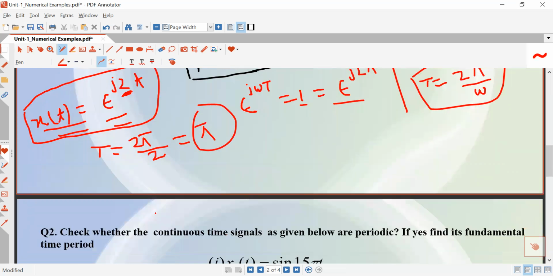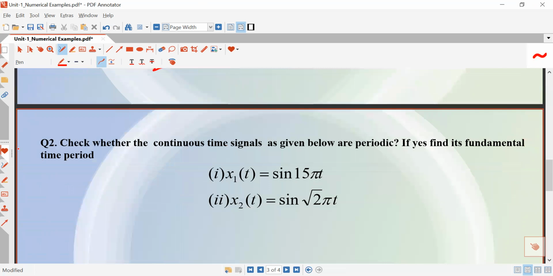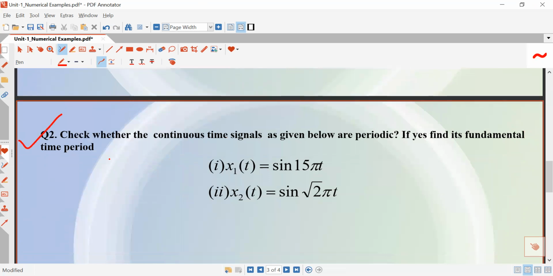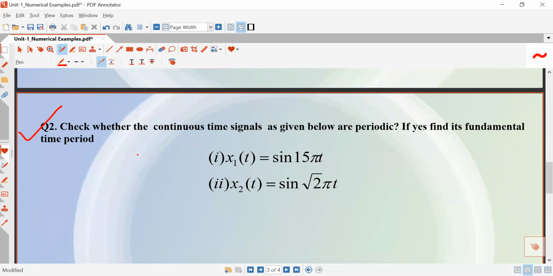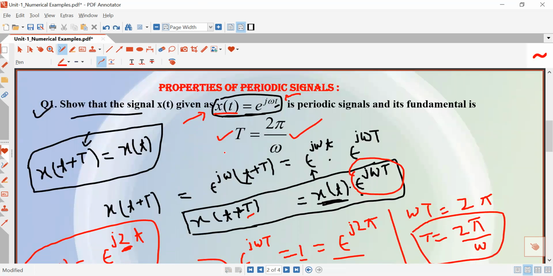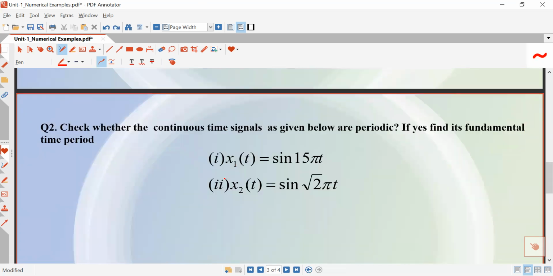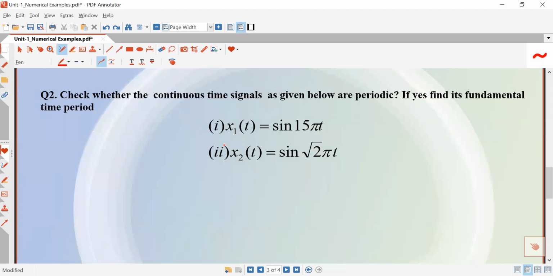Now coming to the next numerical example. In this numerical example you have to check whether the signals x1(t) and x2(t) are periodic or not, and if it is periodic, then what will be its fundamental time period. The same property you can use.